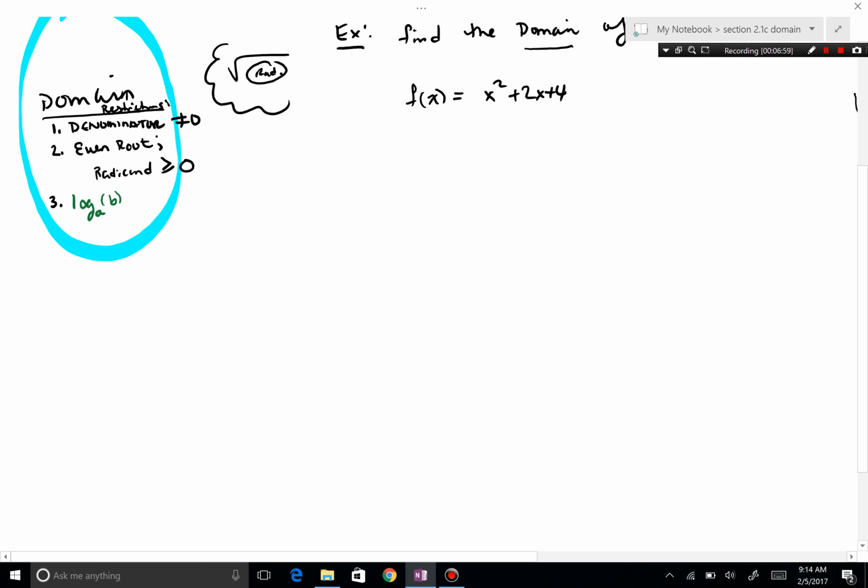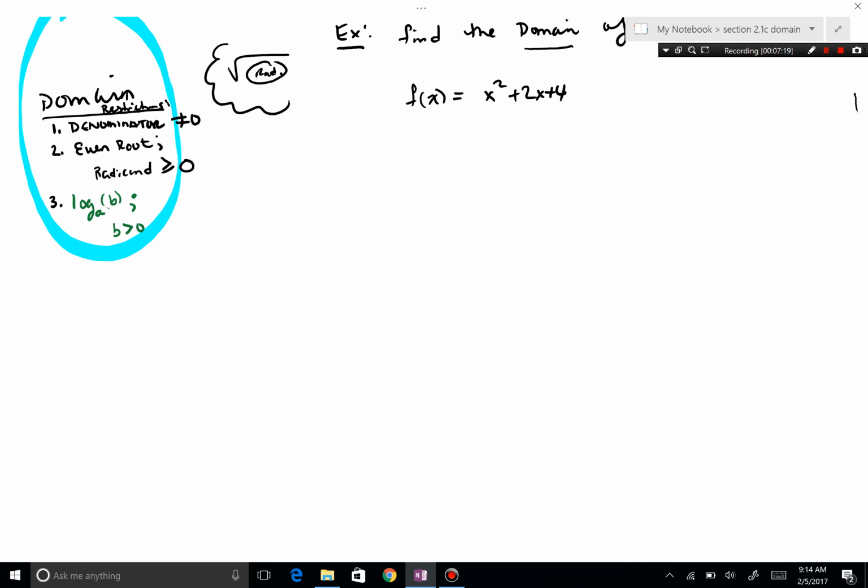But if we have a logarithmic function, there are constraints as well. The argument, the b, must be strictly greater than 0. We'll talk more about this in the future, but all three of them do exist. So if you get a function with a logarithm, you need to be saying to yourself, there's something fishy here that I can't do.